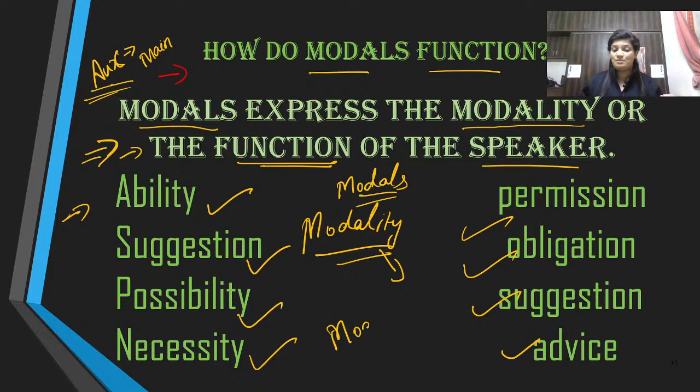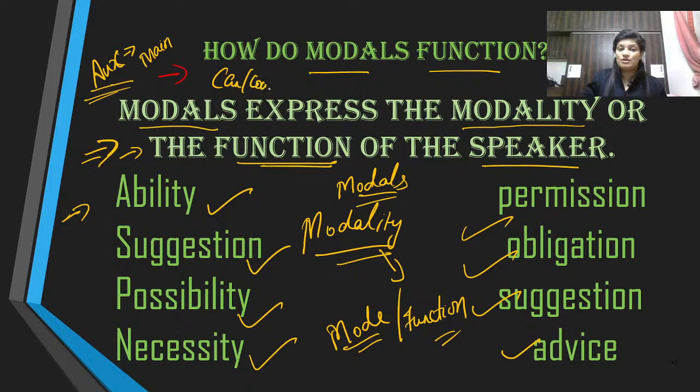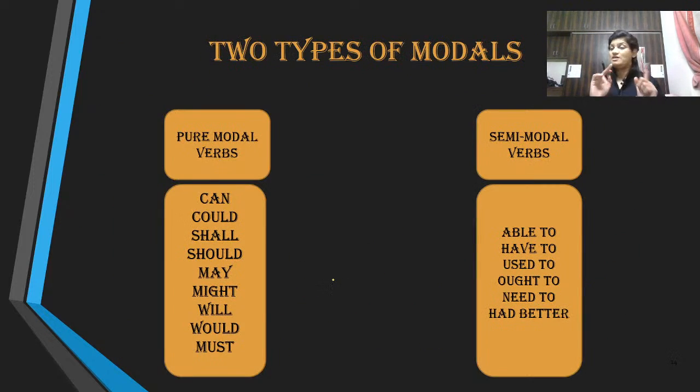To put it simply, the mode or the function of these verbs that we use, like can, could, shall, should. They tell us in which mode they will function. So that's what we will be discussing today. That is why they are called modals.